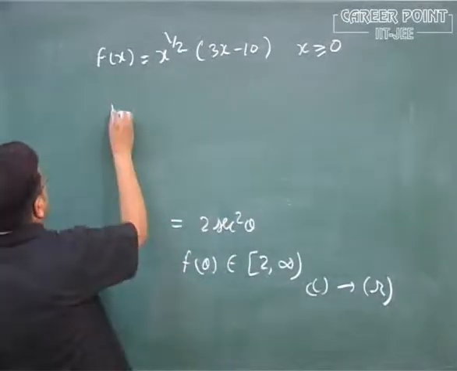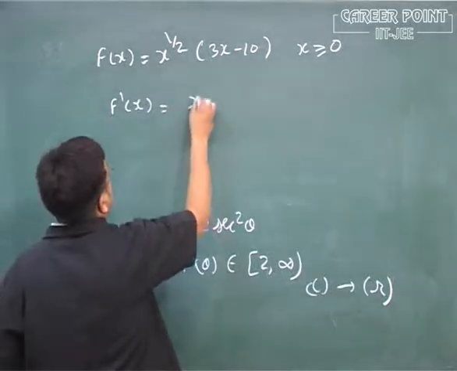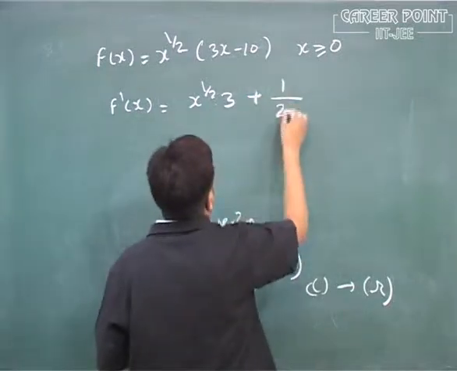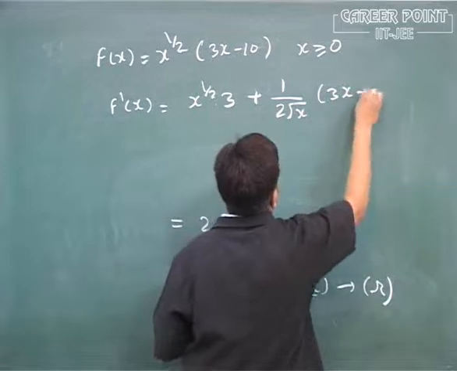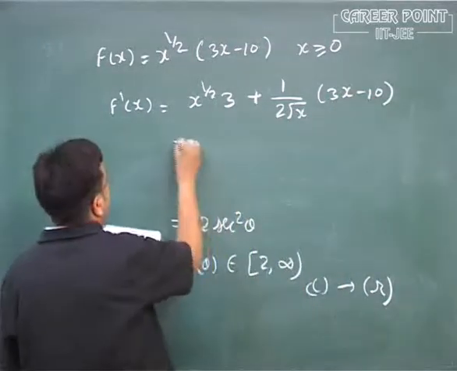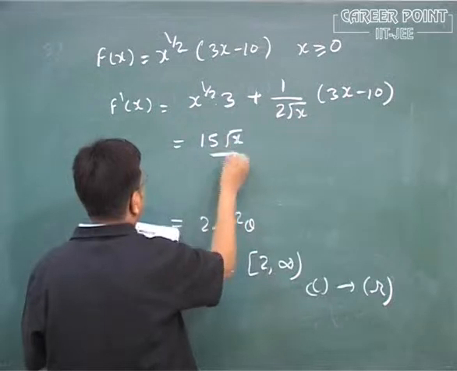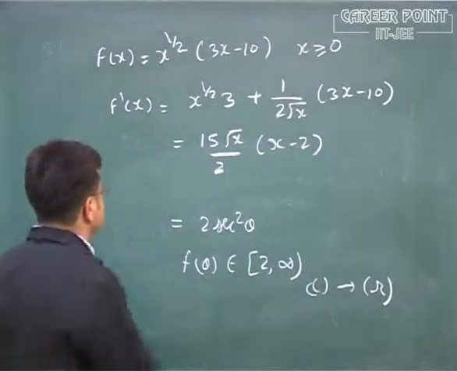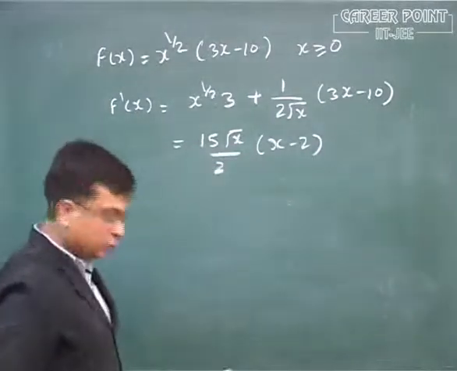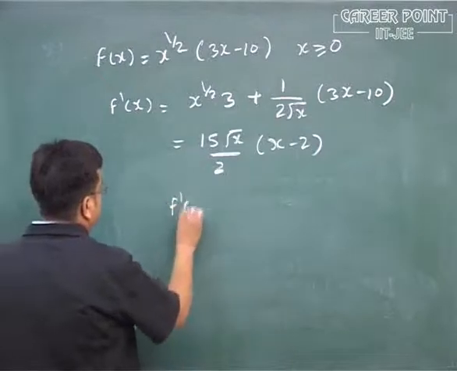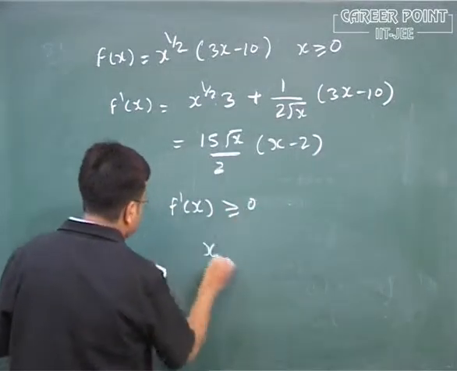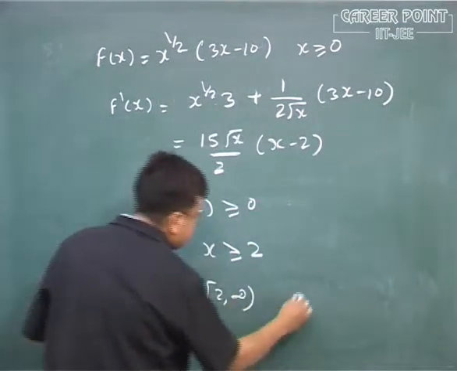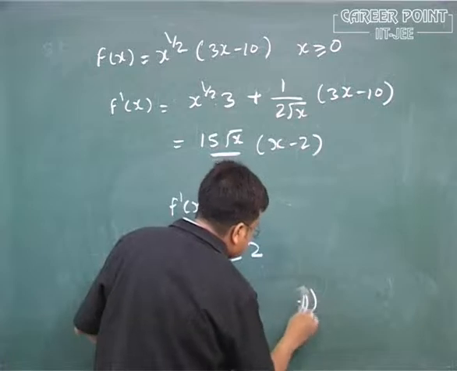Now f dash x will be x to the power half into 3 plus 1 by 2 root x into (3x minus 10), that is equal to 15 root x by 2 into (x minus 2). For monotonically increasing, f dash x must be greater than or equal to 0. So x must be greater than or equal to 2. Hence the answer of this question must be 2 to infinity. So the answer of this part is again R.